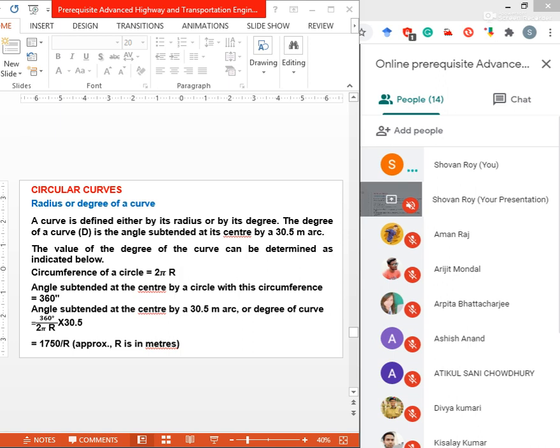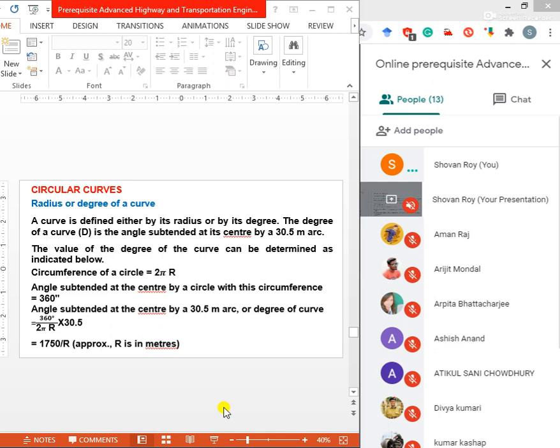So if that is the condition, the angle subtended at its center by a 30.5 meter arc, the value of the degree of the curve can be determined from the circumference of a circle. The circumference of a circle is 2 pi r, and the angle subtended at the center by a circle with this circumference is 360 degrees.